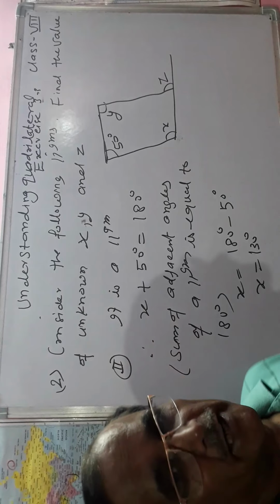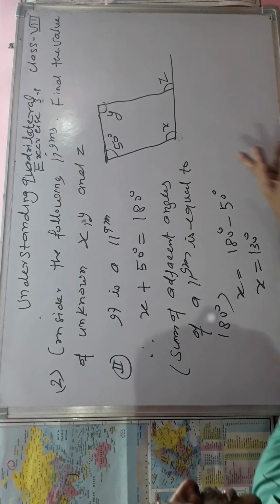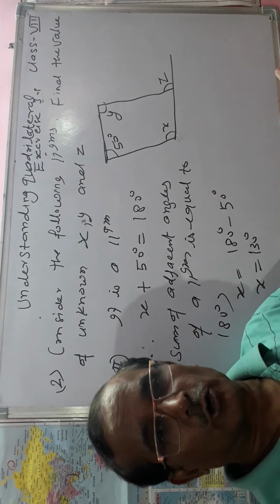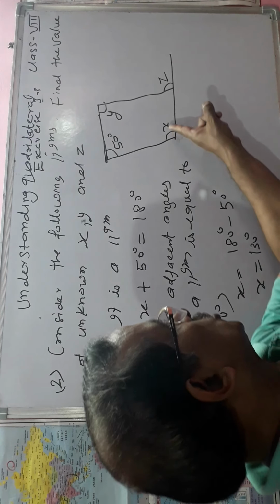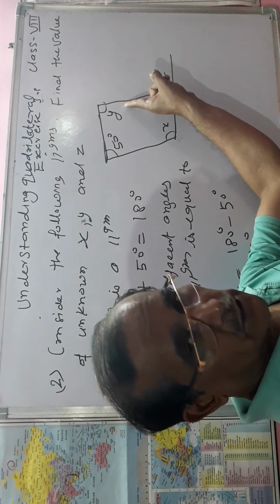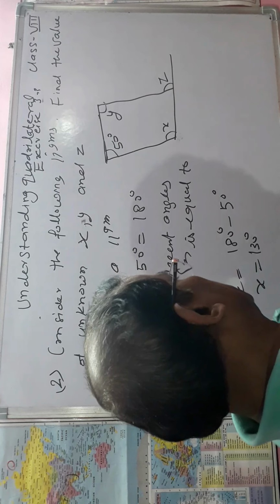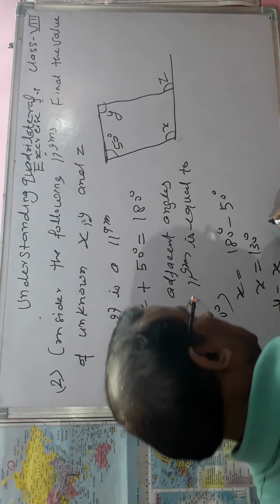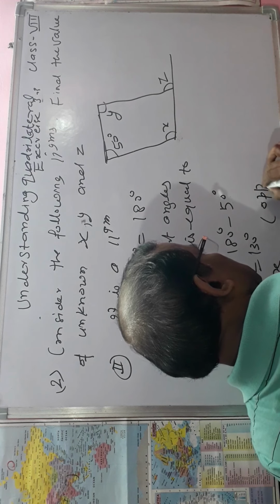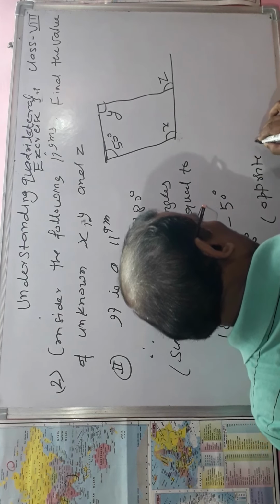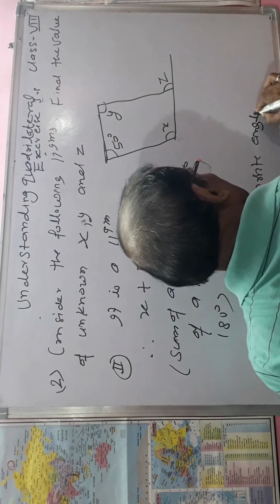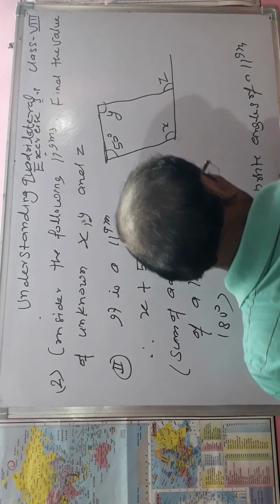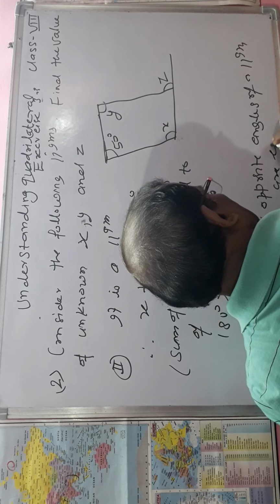We have to find the value of x. So opposite angles of a parallelogram are equal. So angle x will be equal to y. Therefore y is equal to x. Opposite angles of a parallelogram are equal.